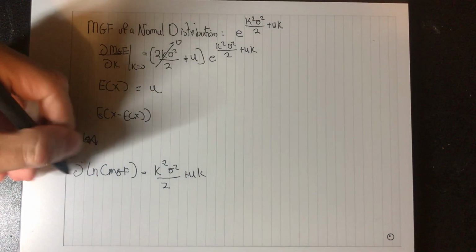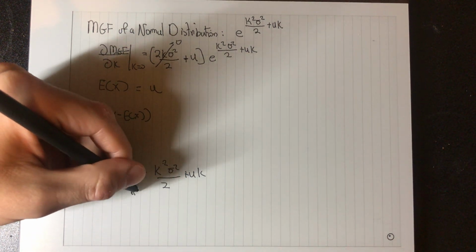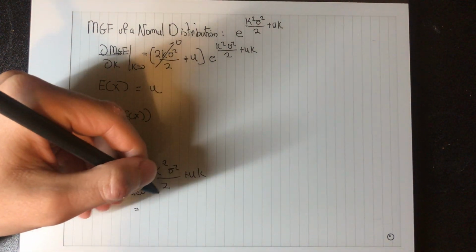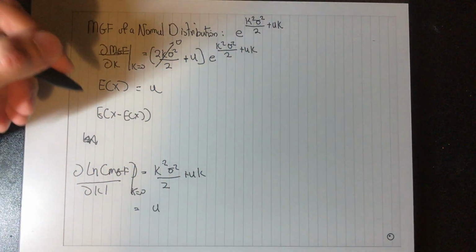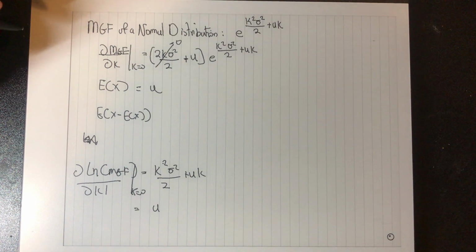Now taking the derivative of that with respect to k and setting k equals to 0 would give us mu, which is indeed the first central moment.